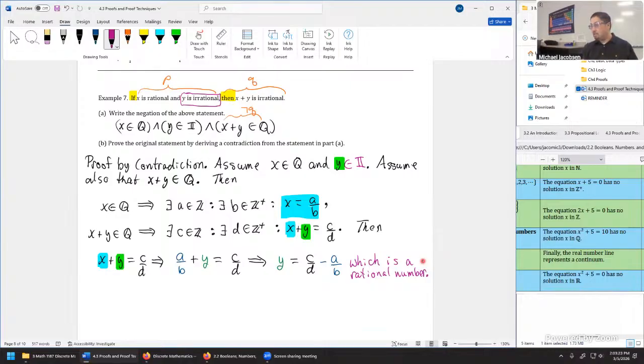We'll say here, but Y is assumed to be irrational. That was the statement right up here. And so we have a contradiction.